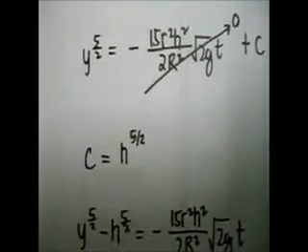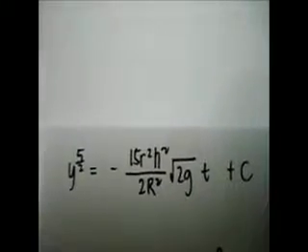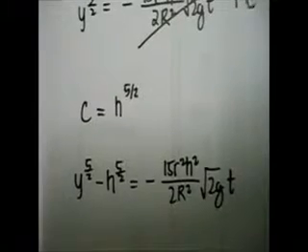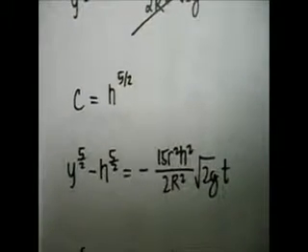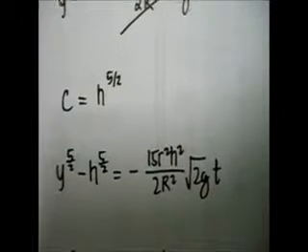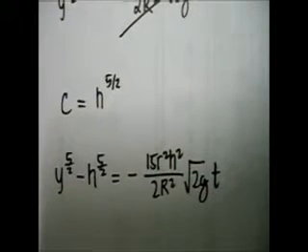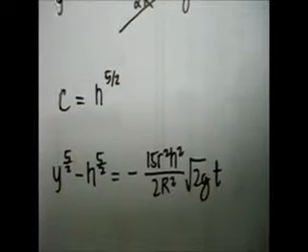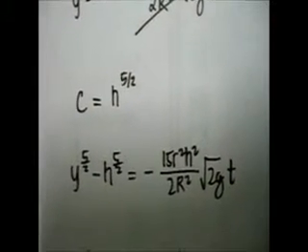Now we substitute c into the equation we have here. We have y to the 5/2 minus h to the 5/2 is equal to negative 15 r squared h squared all over 2 R squared times square root of 2g t.